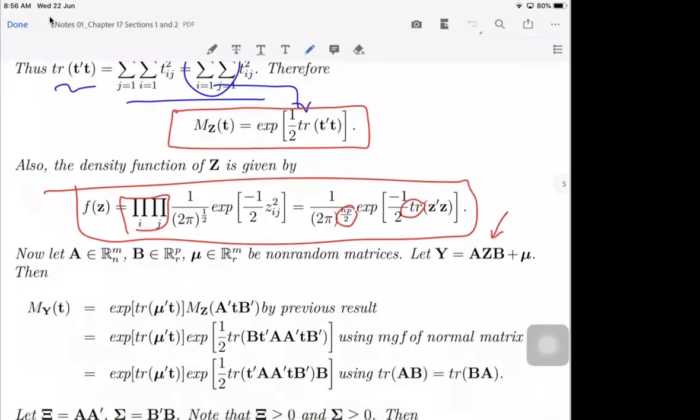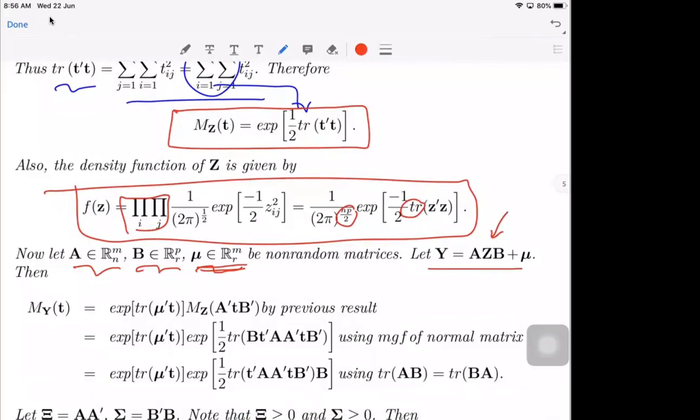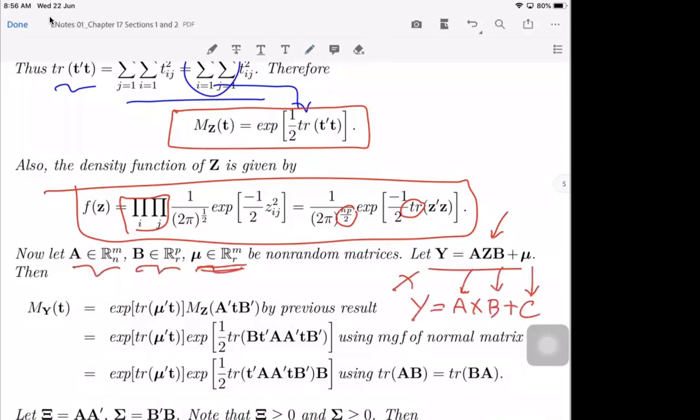So this is the dimension of our matrices here, and our mu matrix is M by R, similar to what we have done earlier, where from X we transformed to Y, which is AXB plus C. This time, C here will be mu. You still retain your A and B.